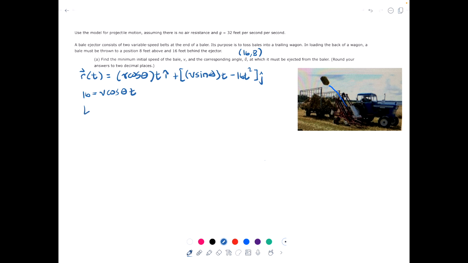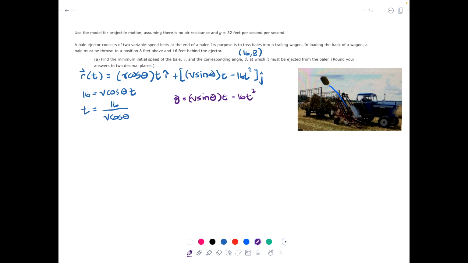If I isolate t, I'll get 16 over V cosine theta. And then on the other side here, we have 8 is equal to V sine theta times t minus 16 t squared.